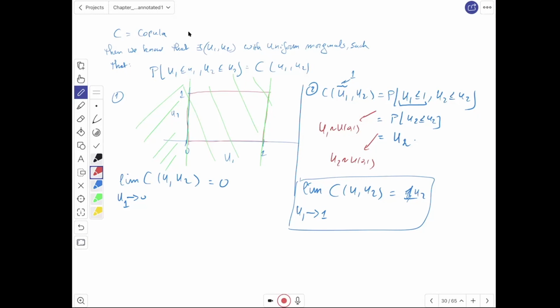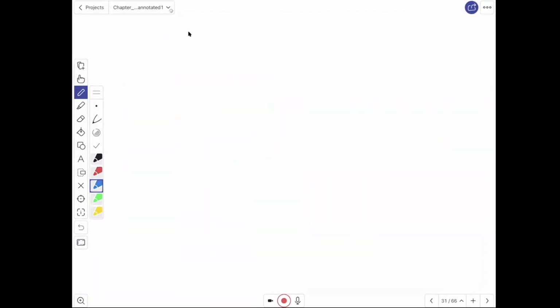The third condition: assume that you take 1 here, 1 here. This point here is U1, U2. I take, this is U1, this is U2.